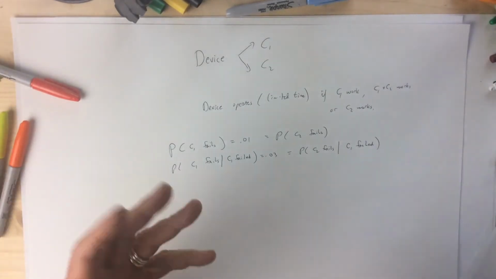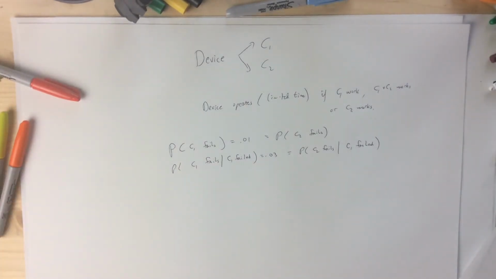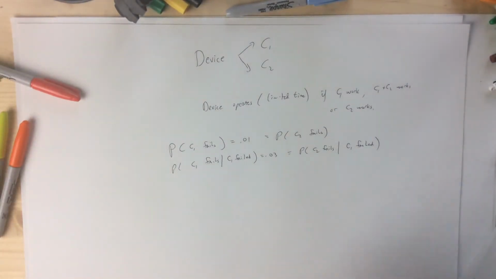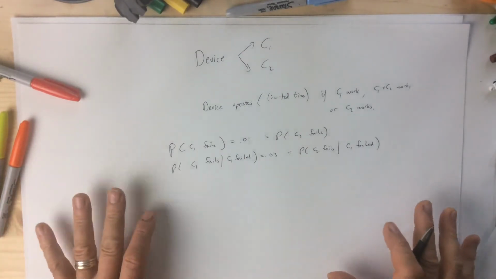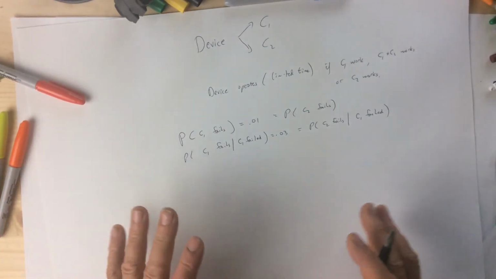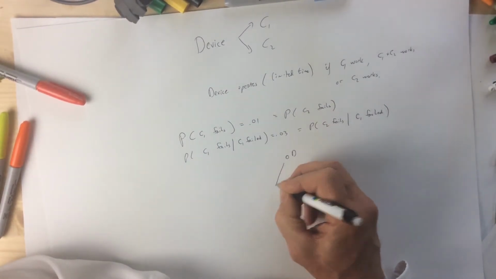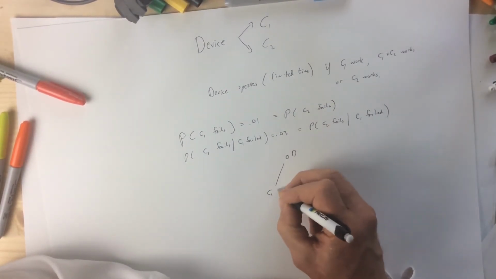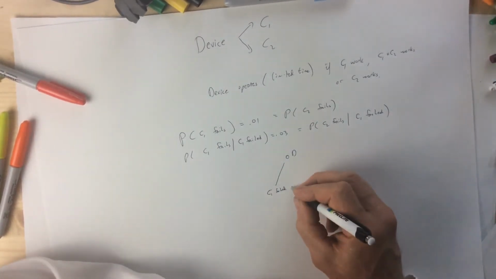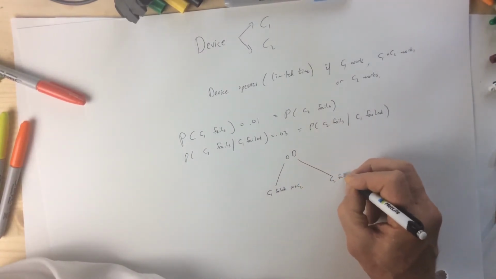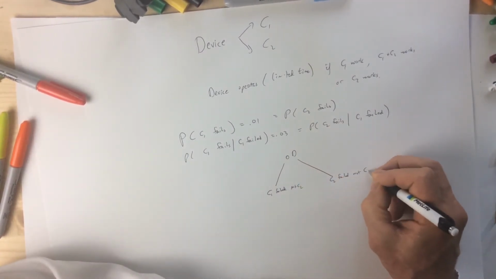These conditional probabilities are often empirically measurable. You can design and build things and then you play them and see what happens. Because of this, you have conditional probabilities in your hand. How does a picture come out about this? Well, let's take a look at the device and let's follow C1 fails, not C2, and C2 fails, not C1.